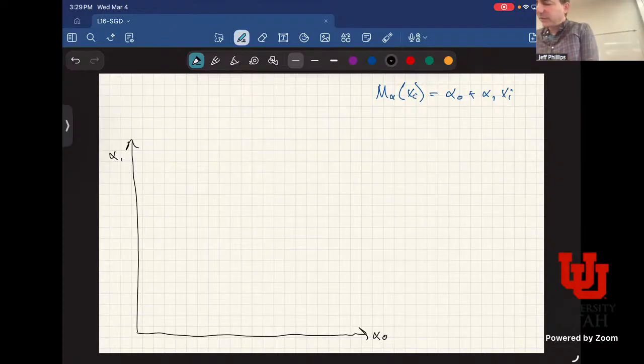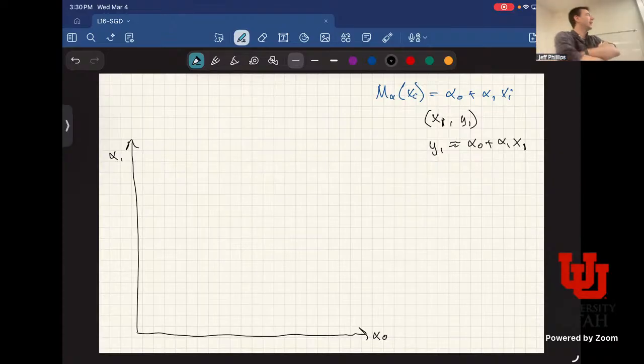For x1, y1, I'm going to have an equation where I want y1 to be approximately alpha 0 plus alpha 1 x1.